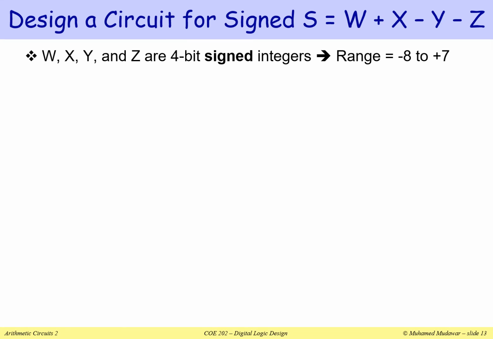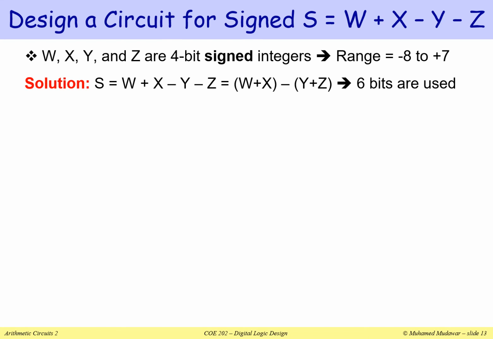Now, the nice thing, in this example, to calculate W plus X minus Y minus Z, I can put minus between parentheses Y plus Z. So I can rewrite my sum like this. I can calculate W plus X using one adder, and then minus between parentheses Y plus Z can be calculated with another adder.